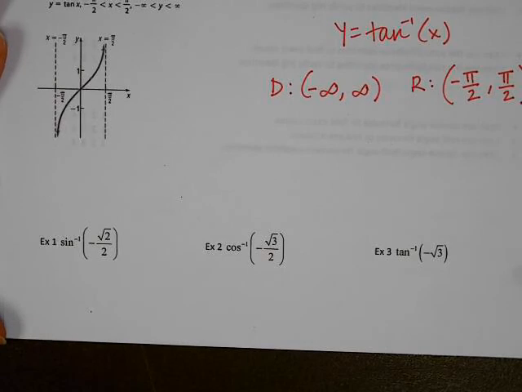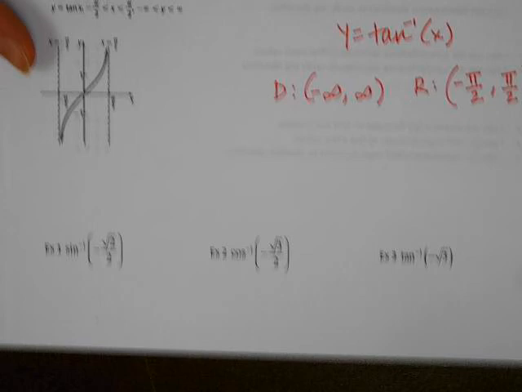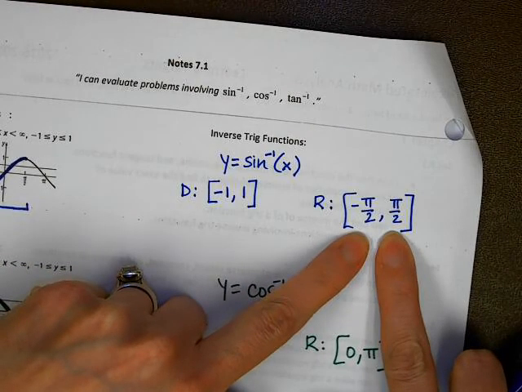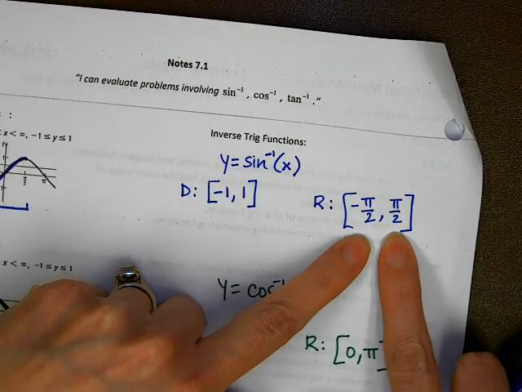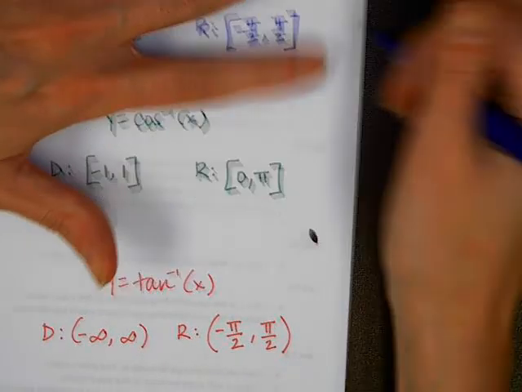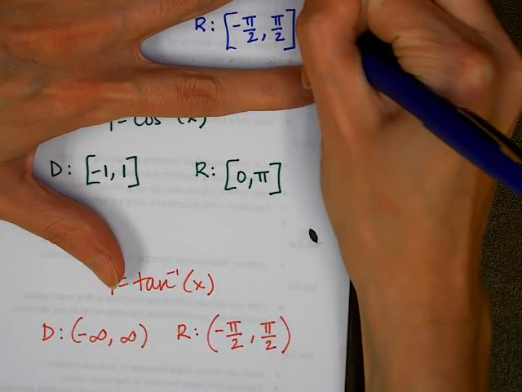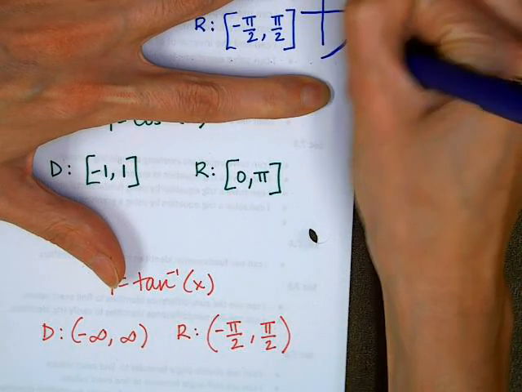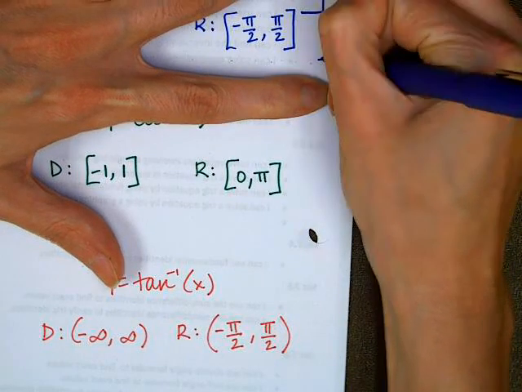And I hope you guys are thinking, well, that happens twice, in quadrant 3 and quadrant 4, but keep in mind, we need our answer to be between negative and positive pi over 2. So actually, I'm also going to draw you guys a picture here. When we're doing inverse sine, we want our angle to be between positive and negative pi over 2.